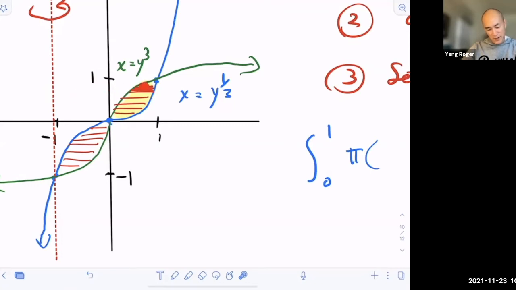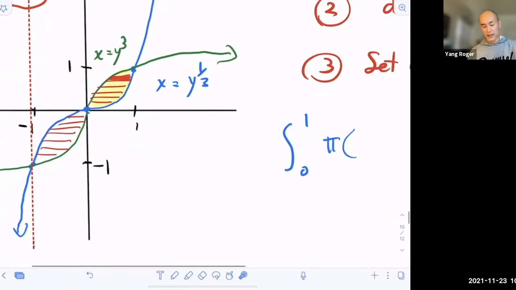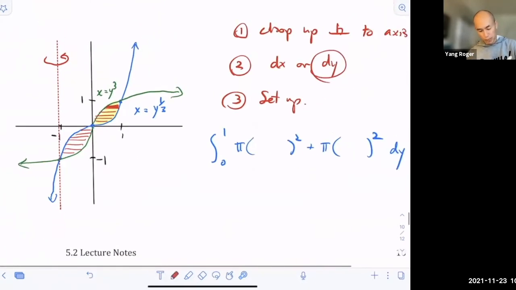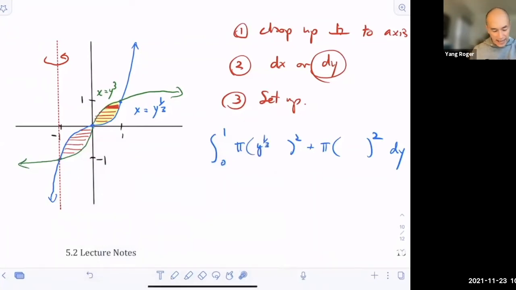So one more time, the distance from here to here is x, which is y to the 1/3. What is the entire distance here? This is how I think about it. The distance from here to here is y to the 1/3 power. But then I have this extra distance from here to here. That extra distance is 1. So it'll be y to the 1/3 plus 1.